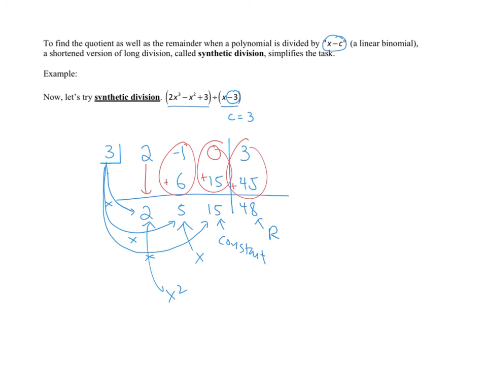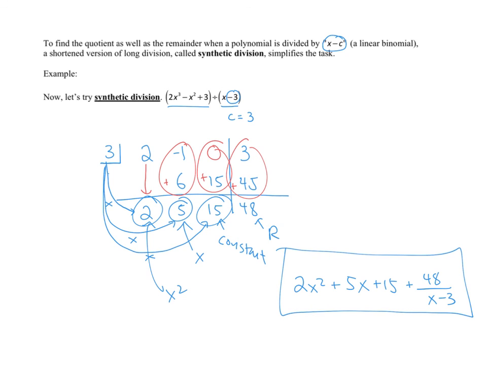So the quotient is going to be 2x squared, because of this 2, plus 5x plus 15, and then remainder 48, so we say plus 48 over x minus 3. Now this is the same problem we did at the beginning of this video, and notice we got the same answer, and maybe a quicker, easier way.